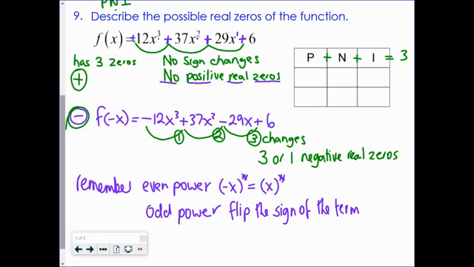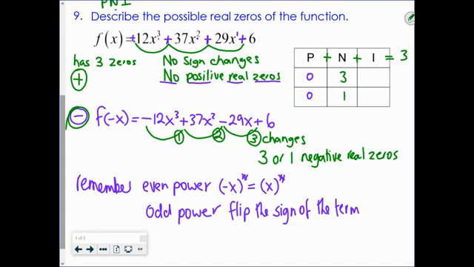In the positive column, all I'm ever going to have is 0. There are no positives. And if I had more rows in my chart, I'd fill them all in with a 0. And I'd have to do every combination of the different possibilities, the positives, with the different possibilities with the negatives. So this would be 3 or 1.